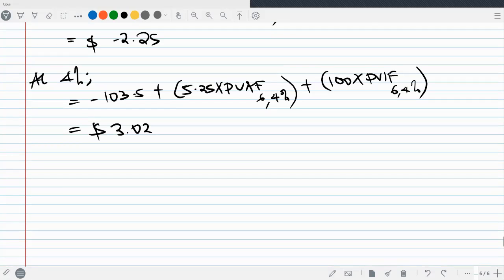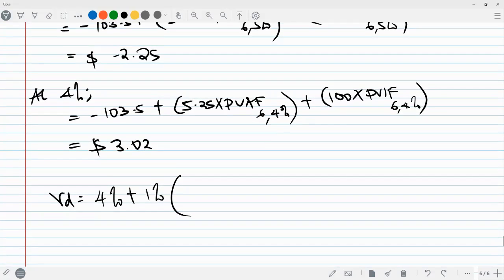Again, therefore, the cost of this bond is between 4 and 5%. Therefore, the cost of this bond will be equal to 4% plus the difference between the two discount rates, which is 1%, times 3.02 divided by 3.02 minus negative 2.25.